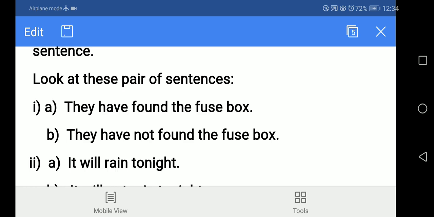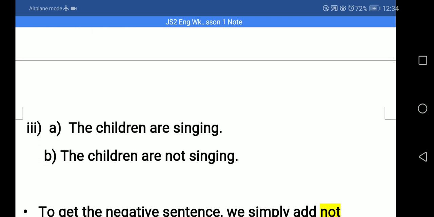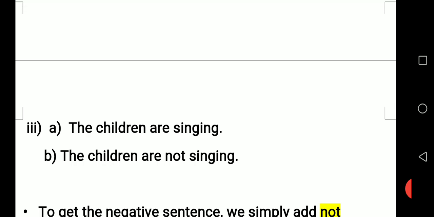It will rain tonight: it as the subject, will as the auxiliary, rain as the verb, no object, tonight as the adverbial. The children as the subject, are auxiliary, singing as the main verb, no object, no adverbial.